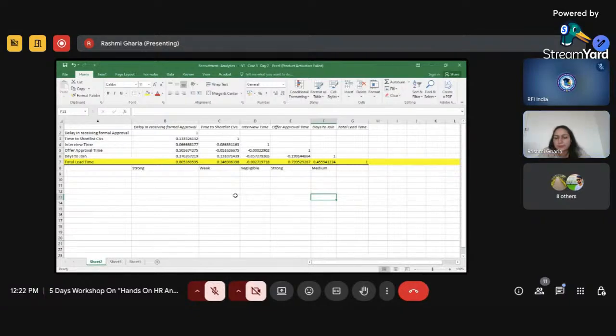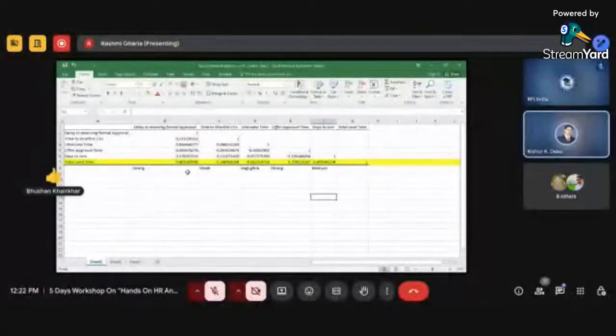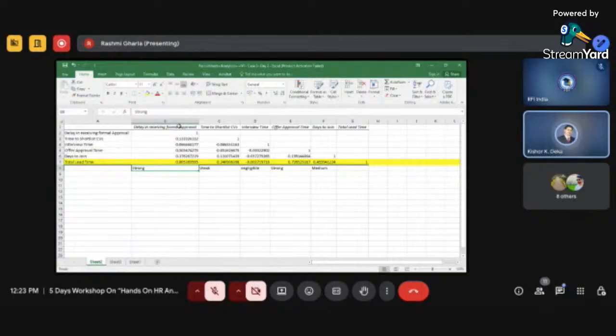The variables that show a stronger relationship should be considered at the time of recruitments. So, ma'am, the closer the number is to 1, the stronger the relationship. Right? This is the way we can interpret. Therefore, much importance should be given to delay in receiving formal approvals. The problem is with the approval time we have found, right?